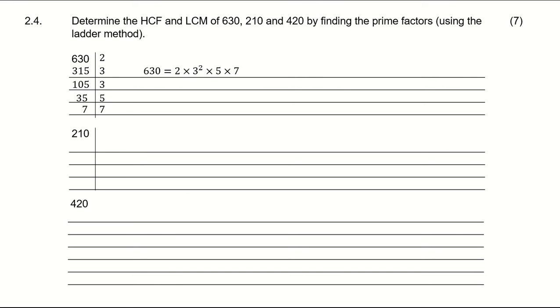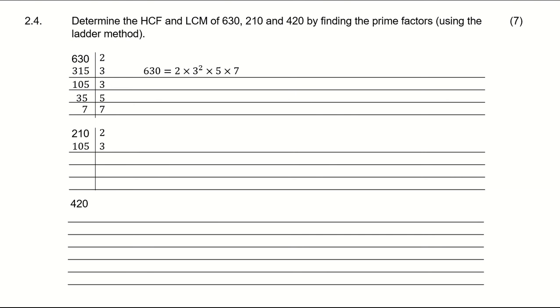Let's go to 210. Lowest prime number that goes into 210, it is 2. 210 divided by 2, how much do we get? Now 210 divided by 2 will give us 105.